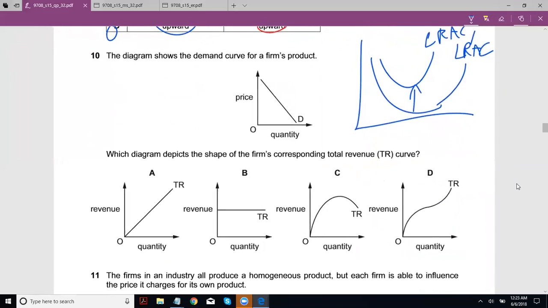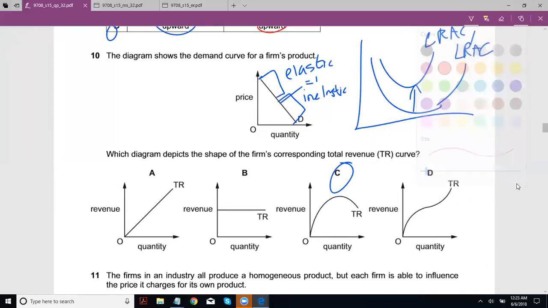Anyhow, the diagram shows a demand curve for the firm's product; which diagram depicts the shape of the firm's corresponding TR curve? What you should know from your AS is that this was your elastic region, this was your inelastic region, and this was your unit elastic point, where elasticity was unity, equal to 1.